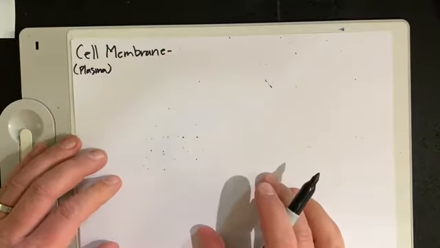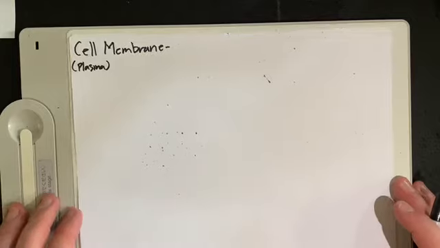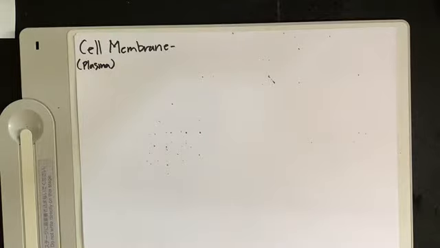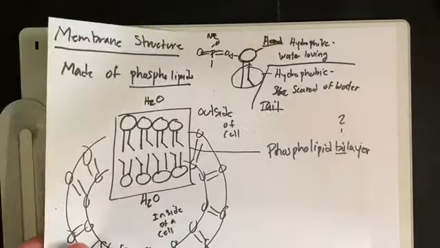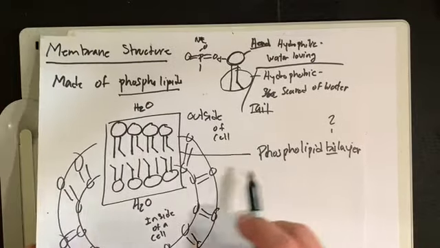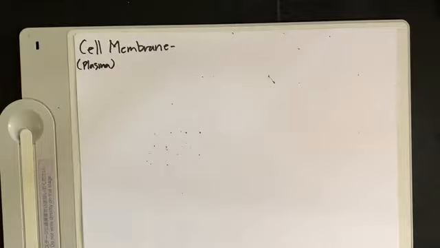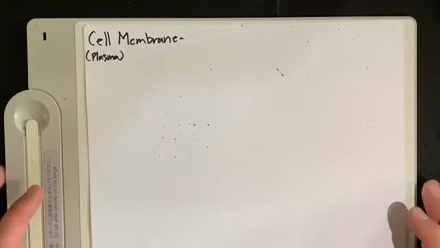But same thing, cell membrane, plasma membrane. I might use both words interchangeably like I do with other terms, but realize I'm talking about the same thing. And so this plasma membrane is going to be a little bit more complex than just this phospholipid bilayer that we created here. It's going to have this, but it's also going to have things that are embedded inside of it.